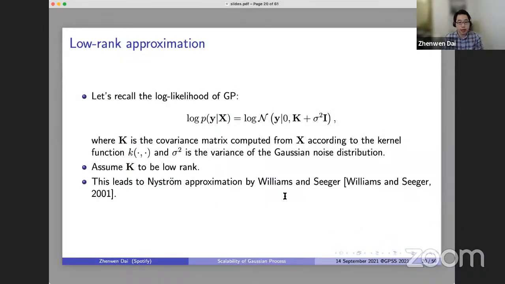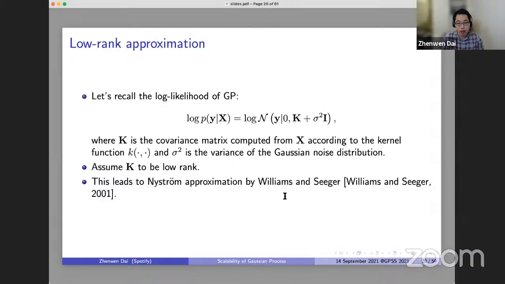That in fact leads into a direction of Gaussian process approximations, where we deliberately construct the covariance matrix approximation to be low rank.